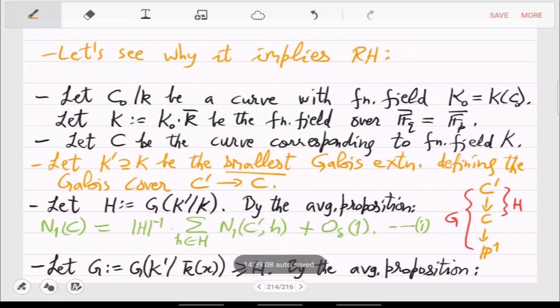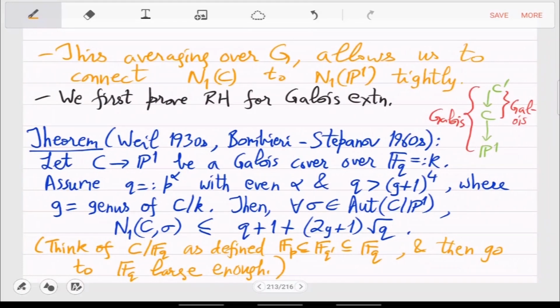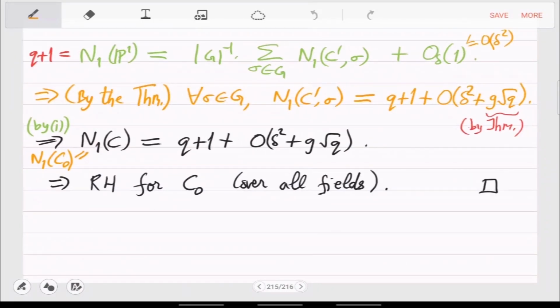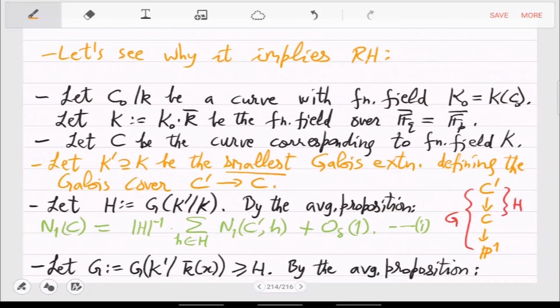Why did we need to go to K bar? Why not just some large field? Why did we go to K bar? Yeah, that probably is not needed.